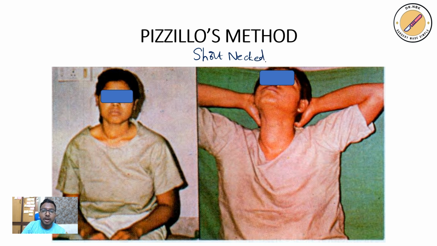So in case of short-necked individuals, there is a method called Pizzillo's method, where you will ask the patient to keep both hands over the occiput, and you ask the patient to extend the neck. Why? So that you can visualize the thyroid swelling very neatly, so that you can appreciate the findings properly, right? So this method is called Pizzillo's method. Please understand it is done only in short-necked individuals, right?